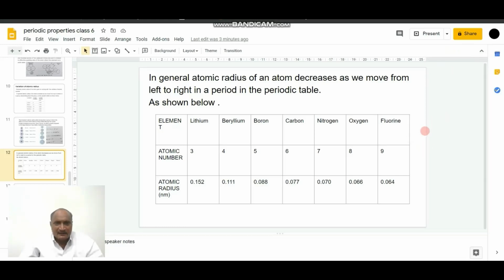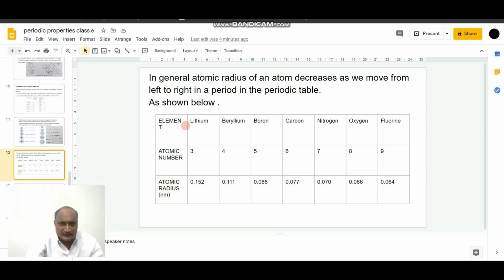The following table indicates the elements in the second period of the periodic table, their atomic number and respective atomic radius.